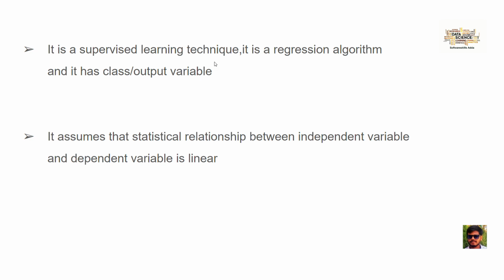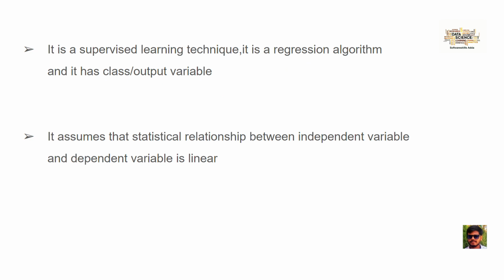In supervised learning technique, we mainly have two types. One is regression, another is classification. And linear regression is a regression algorithm. For supervised learning, we have input variables and output variables, nothing but input columns and output columns.